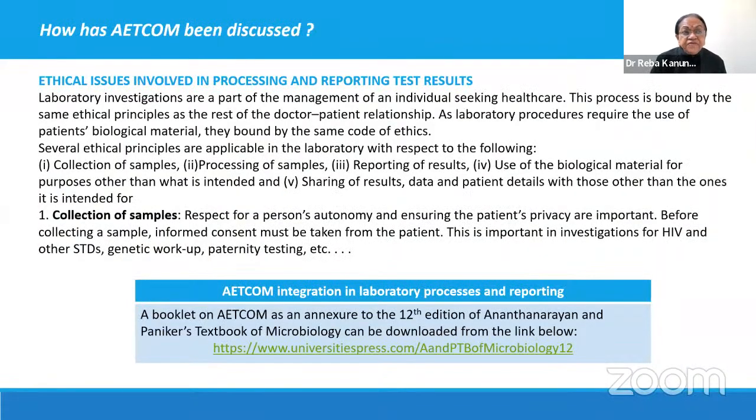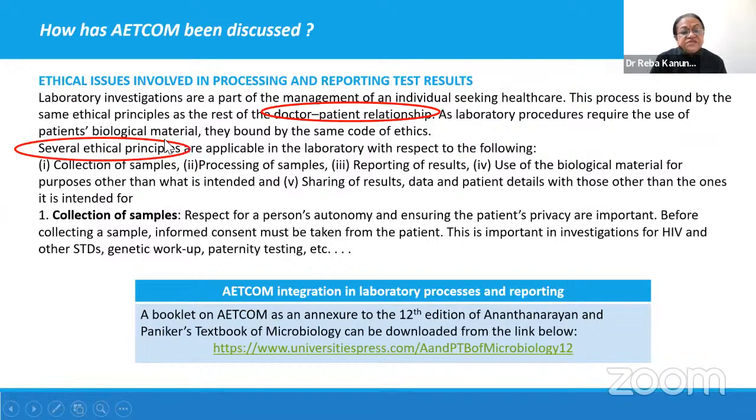Now, the very important question which came up was, do you have a separate chapter on AdCom? What we felt was that the AdCom has to be incorporated into the laboratory processing and diagnosis. So in the initial chapter, we have included a portion on ethical issues involved in processing and reporting of test results, which is based on the doctor-patient relationship.